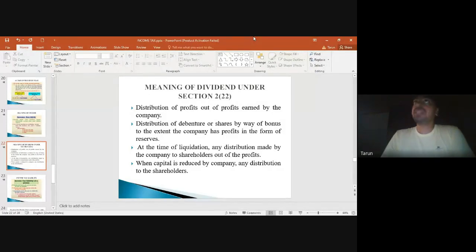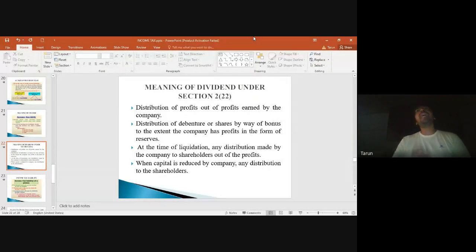It's dividend, right? And who gets the dividend? It's shareholders who receive that part of the profit and become members of the company. So a shareholder is that person of the company who receives some portion of the profits which has been distributed by the company.